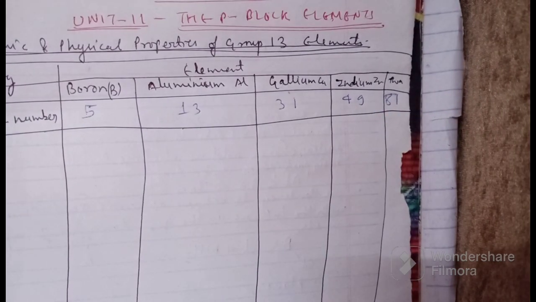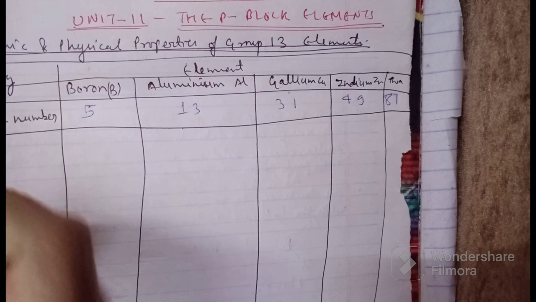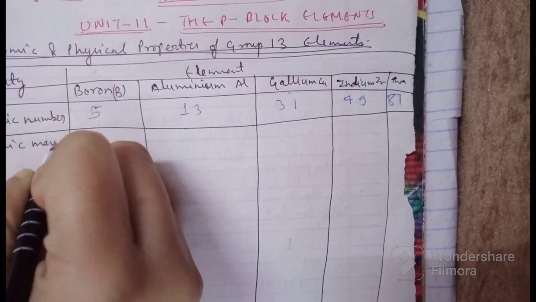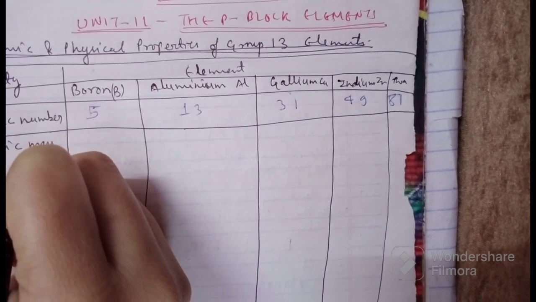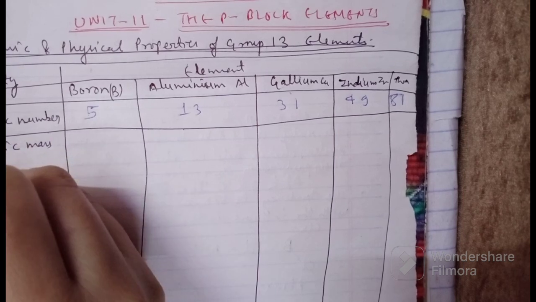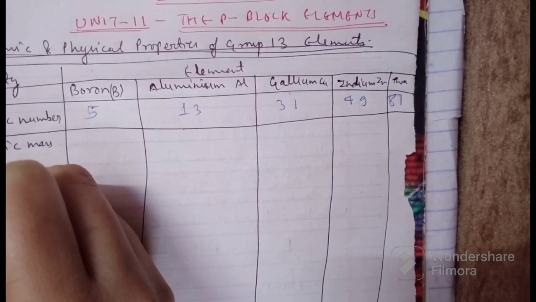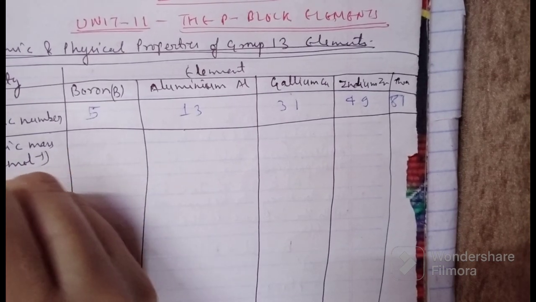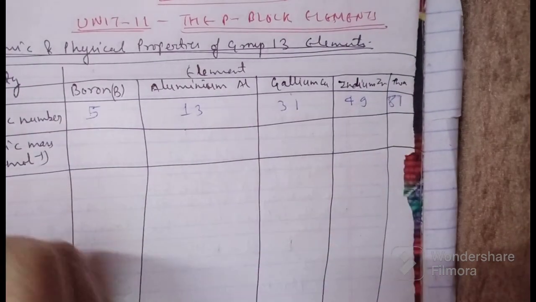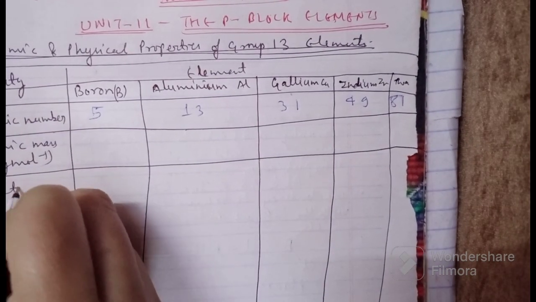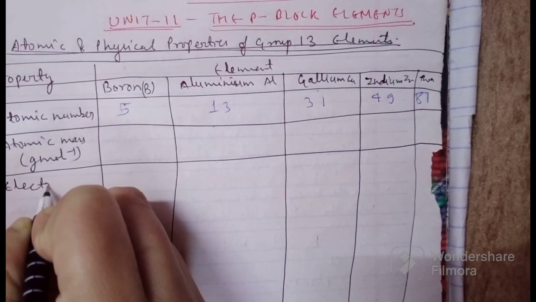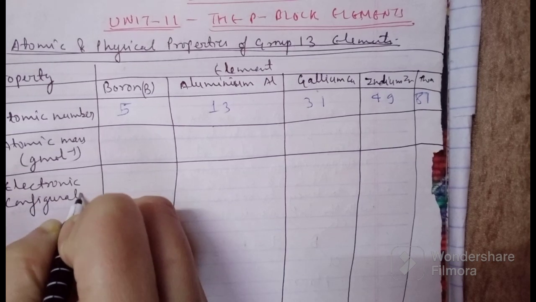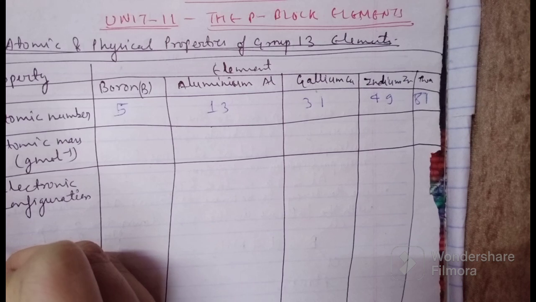Another property we'll discuss is atomic mass, in gram mole inverse. Then the next property is electronic configuration. Then we have atomic radius.